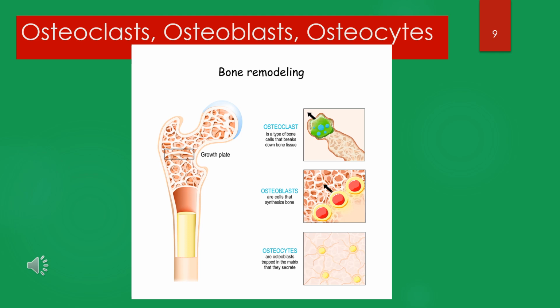Osteoclasts originate in bone marrow. They are multinucleate cells with finger-like projections called microvilli, which resorb bone on its inner surface.